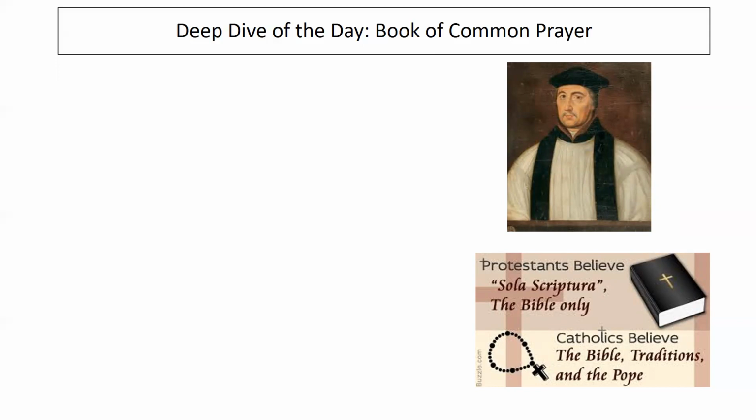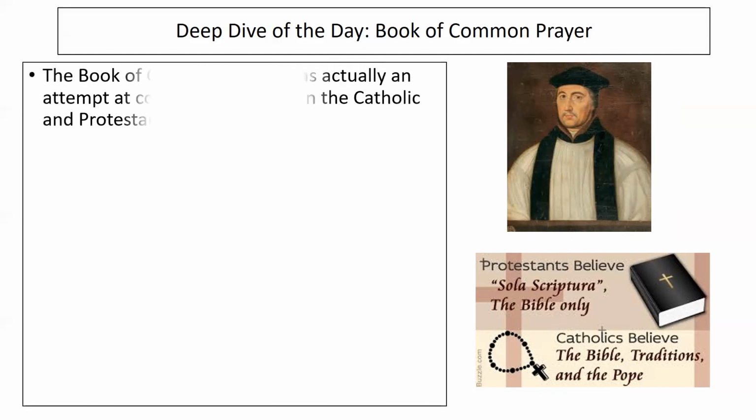Generally speaking, Protestants become, in many ways, stricter Christians than Catholics in some ways. Now, the Book of Common Prayer was actually an attempt to compromise between these two factions, Catholics and Protestants. So they're not happy with one another. Catholics really did not like Protestants. They believed they were in defiance of the church because they weren't listening to the Pope, and the Pope speaks for God.